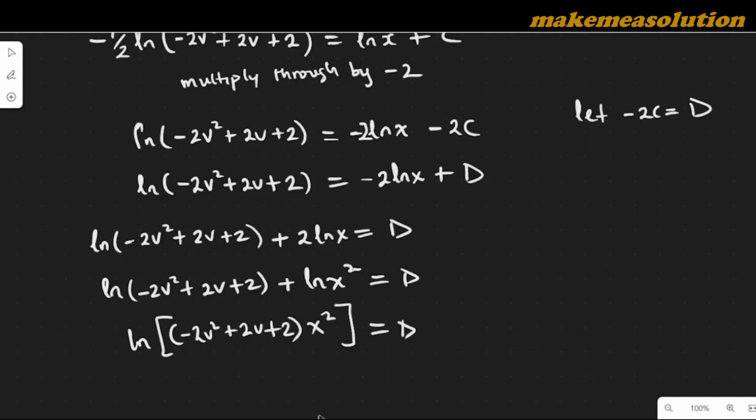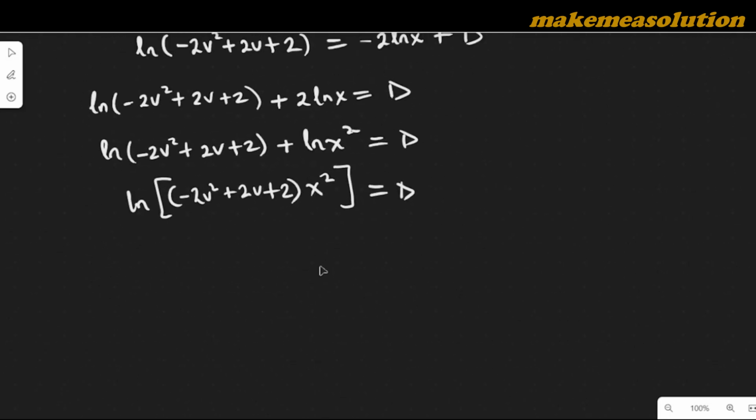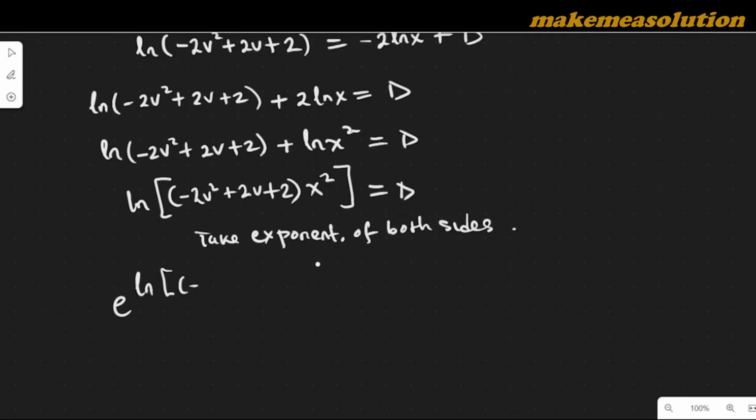So that when we take the exponential of both sides, you now have exponential ln the whole of this, minus 2v squared plus 2v plus 2 multiplied by x squared, is equal to exponential d.